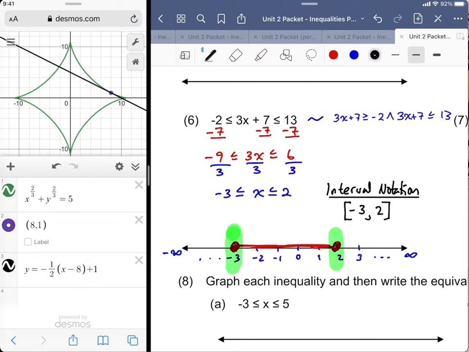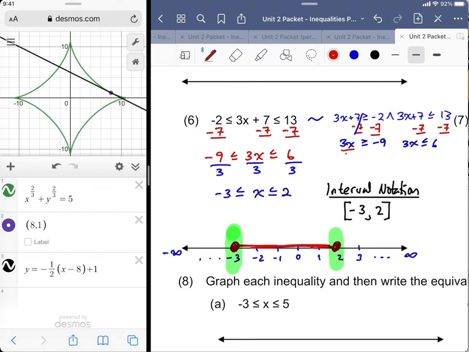Now, if you worked with it using the two distinct inequalities, you'd solve each one of them individually, subtract off the 7 in both cases. You'd get 3x greater than or equal to -9, 3x less than or equal to 6.